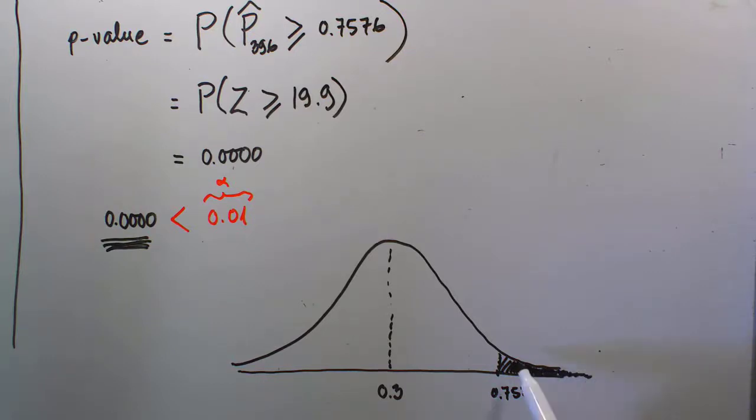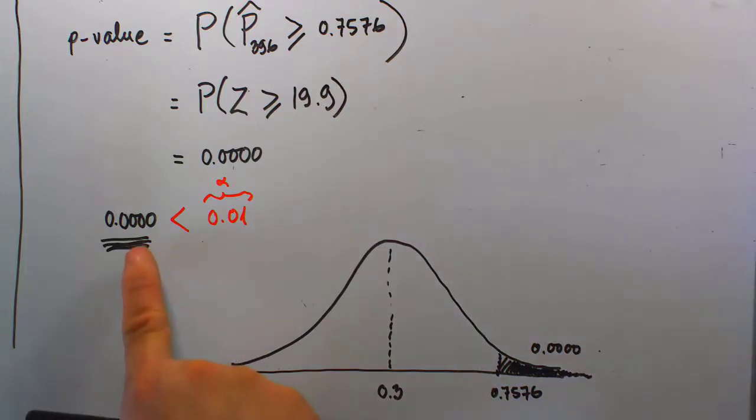This p-value is calculated to be a value 0.000. I'm not saying that it's an absolutely zero value, but it's something small enough. That's why it allowed me to still draw some black area that everyone can still see. But this area here is supposed to be, according to the calculation, so small that in 4 decimal places it's a 0.